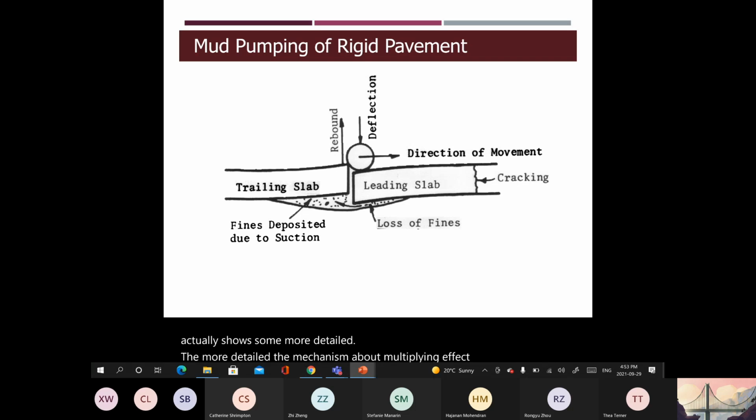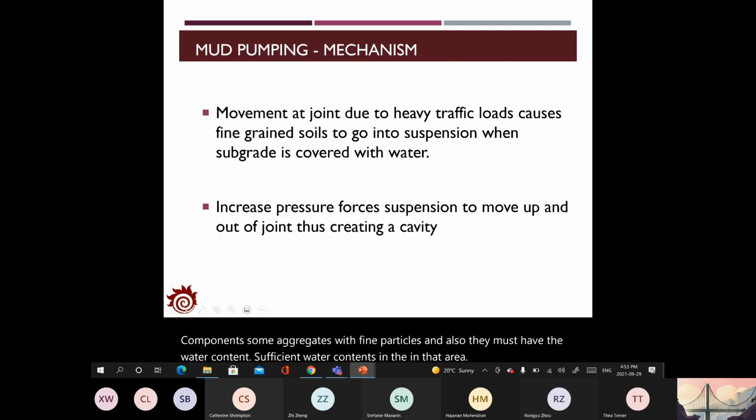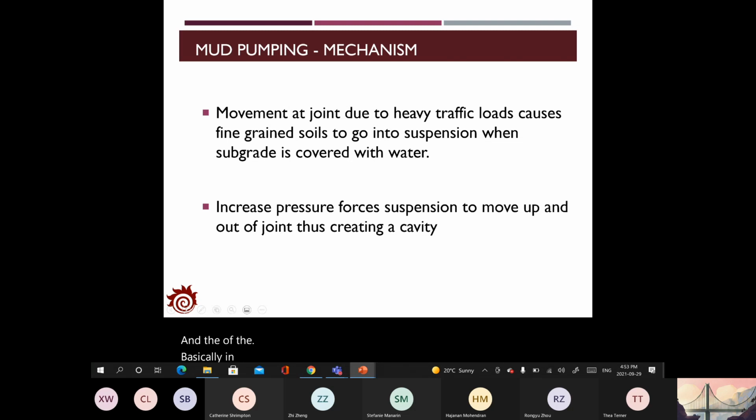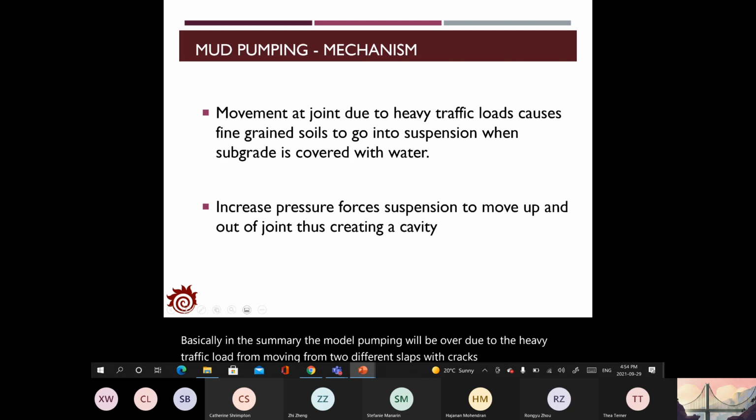And the most important thing is that there must exist some components, some aggregates with fine particles, and also they must have sufficient water content in that area. Basically, in summary, the mud pumping will be due to the heavy traffic load moving between two different slabs with cracks, or the same slab with some cracks in between.